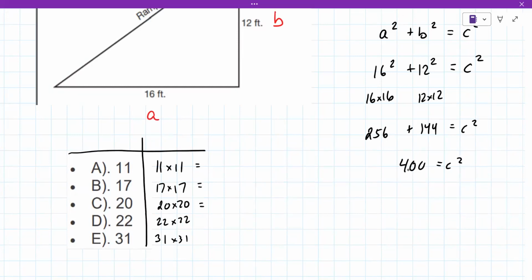One of these will be 400. So you can always work a problem backwards to find the right answer. So you multiply these together and one of them will be 400. Is it 20 and 20? Yes. So there's your answer.